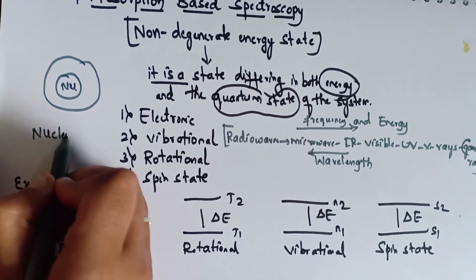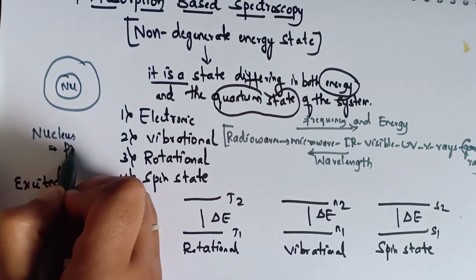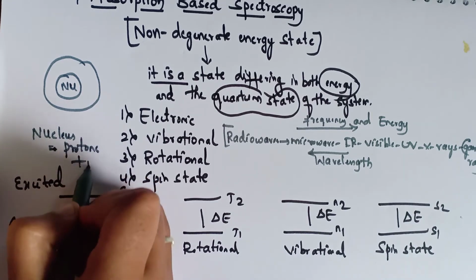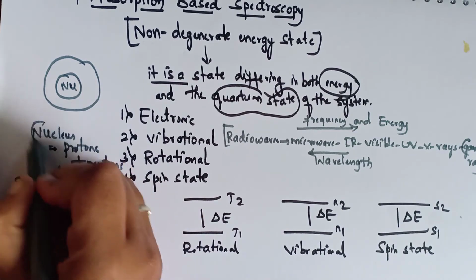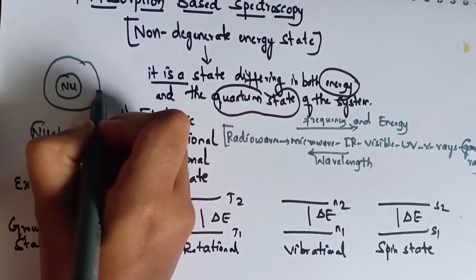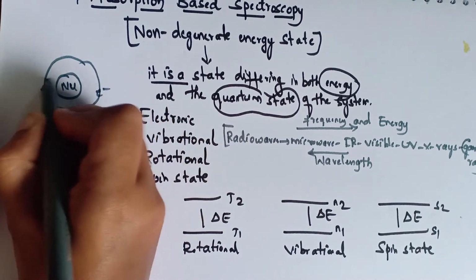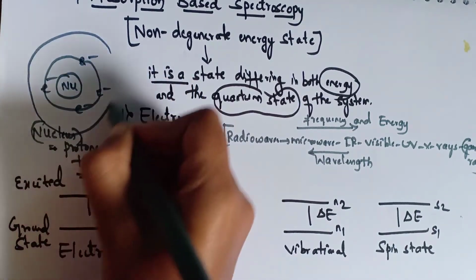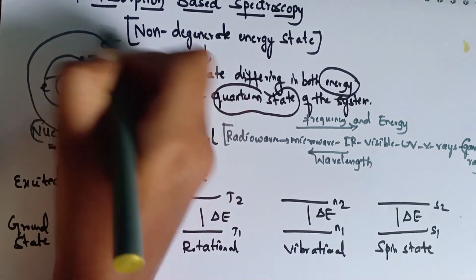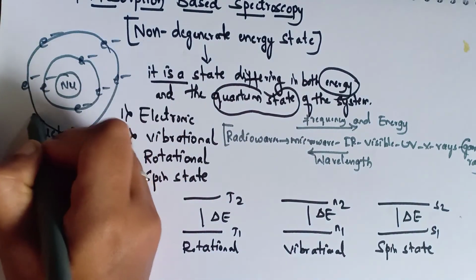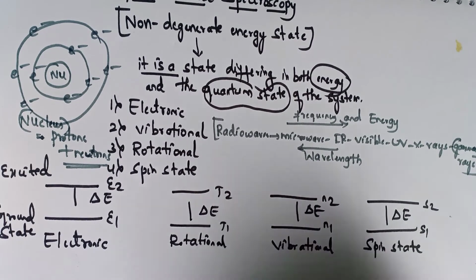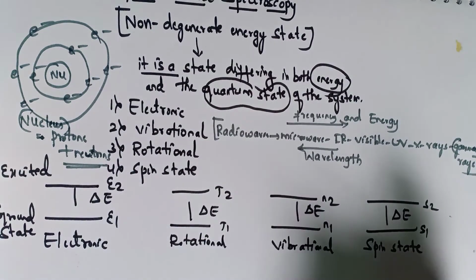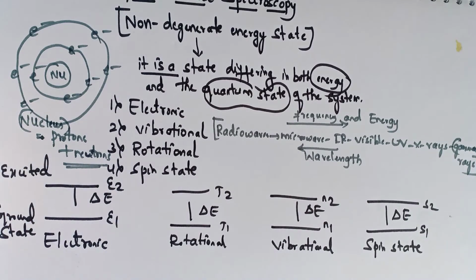It consists of protons plus neutrons, and here are the electrons, and these are the orbitals. We already know it better. So we already know that gamma rays are very powerful, so they can reach up to the nucleus.